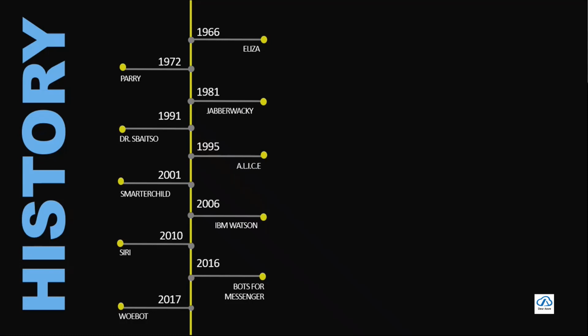So a little on the history, if you care to note, I put this timeline there to show you that Siri or Alexa is perhaps not the first chatbot in the world. We've had the evolution of chatbots right from the 1950s and 60s. You've had different kinds of chatbots and AI researchers who've been working on building these technologies. But what happened in the last 10 years or so is a couple of things.